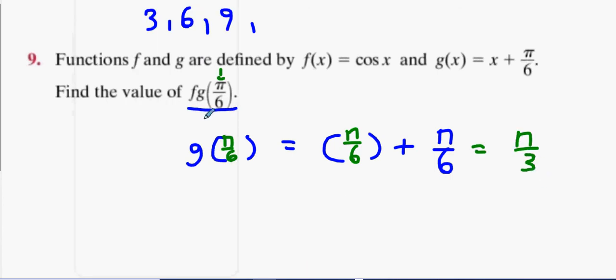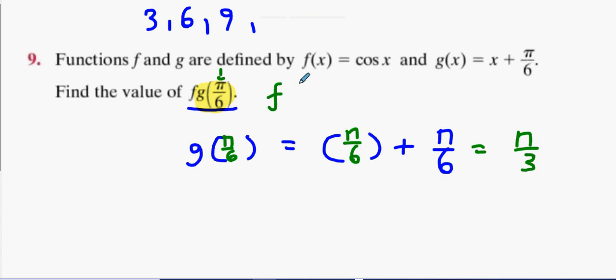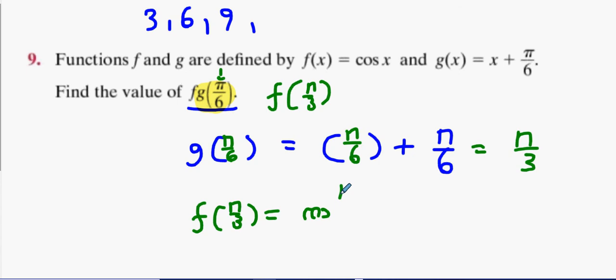Then this whole part here, this whole yellow section, now turns into f of pi over 3. Means sub in pi over 3 for x. So f of pi over 3 is cos pi over 3, which is cos 60, which should be a half. And we got a half. Alright.